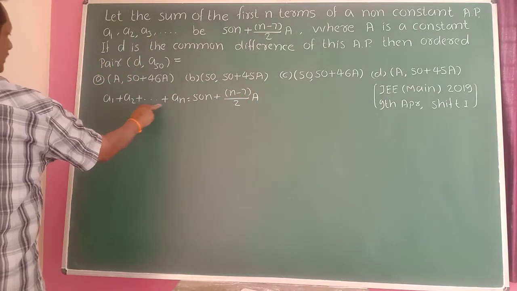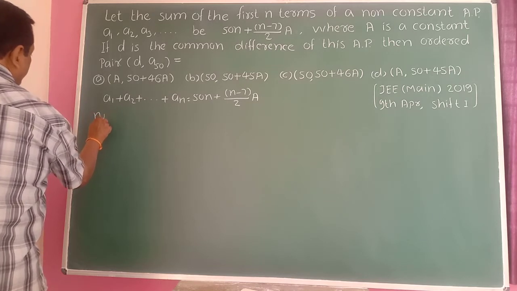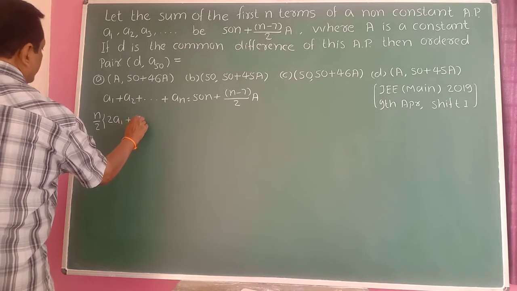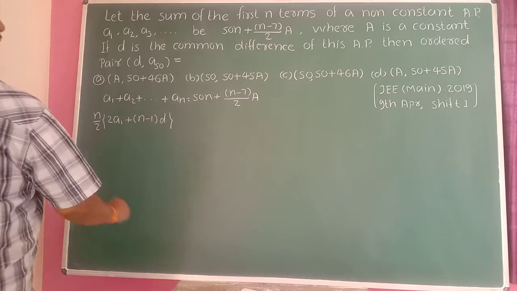Therefore, the sum of n terms can be written as n divided by 2 into bracket 2a1 plus n minus 1 into d. Here d is the common difference.